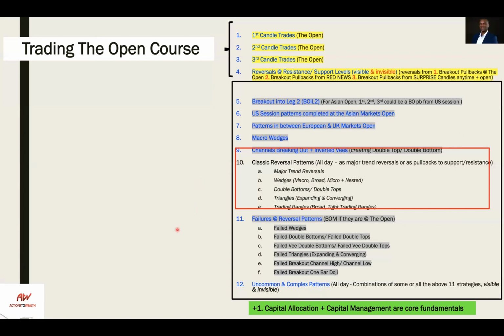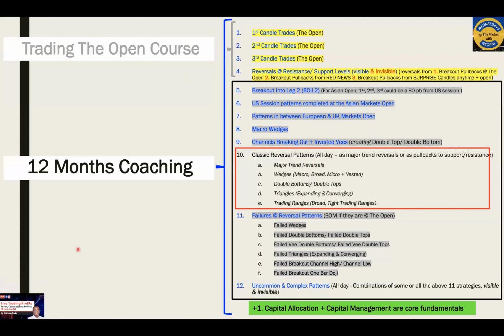So moving on from there, this is how you get to grips with it. First, with the Trading the Open course. And then if you go past the Trading the Open course and you want to get to grips with the rest of the strategies, in other words, the whole 1 to 12 plus the capital allocation, then I highly recommend that you go a step further. The next step for me is a 12 months coaching.